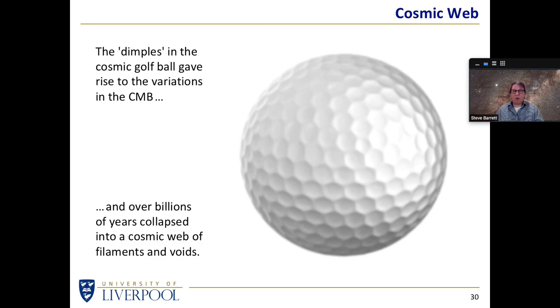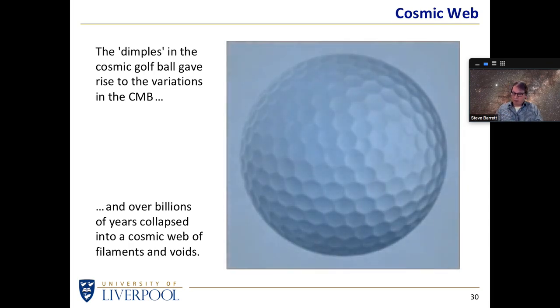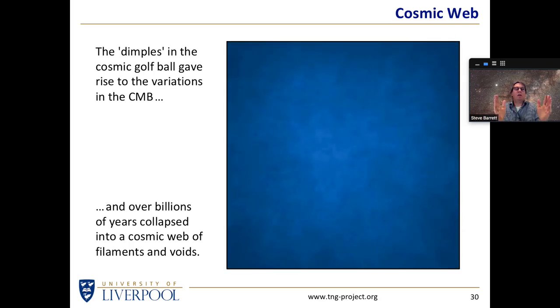If we have a look at what happens to these dimples, if we go beyond the cosmic microwave background further into the future, if we think about the variations, here we're taking simply a small section of the entire chunk of the universe. We've taken a cube, if you like, and said, well, let's assume it's full of matter, but not totally uniformly dense.